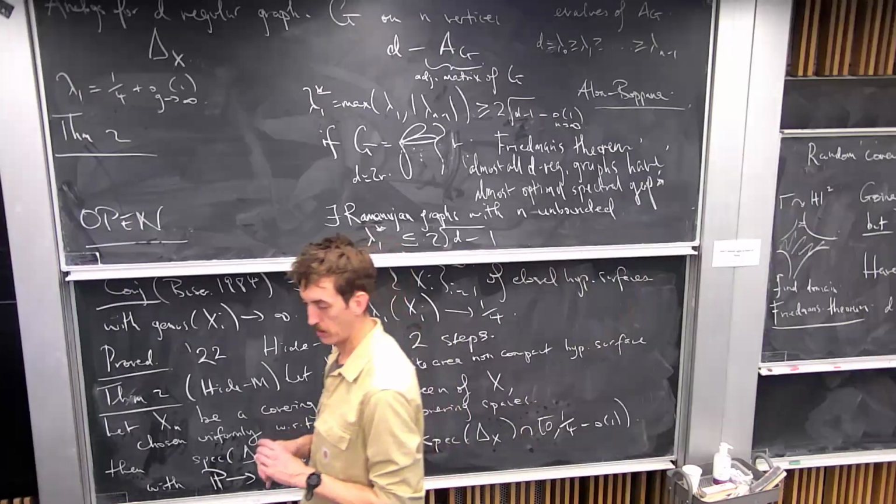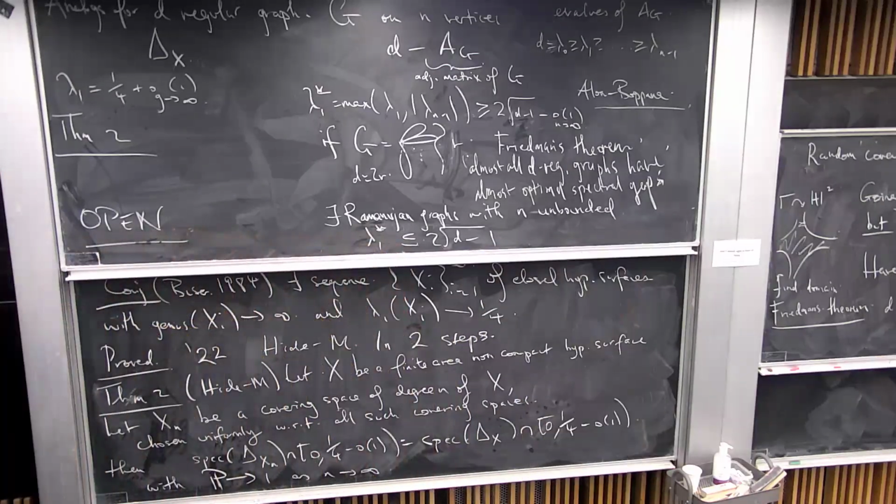In this case, it has to be at least 4. It's also twice the rank of the fundamental group. That's why I'm saying it can't be 2, because you cannot have a finite area hyperbolic surface with fundamental group Z.